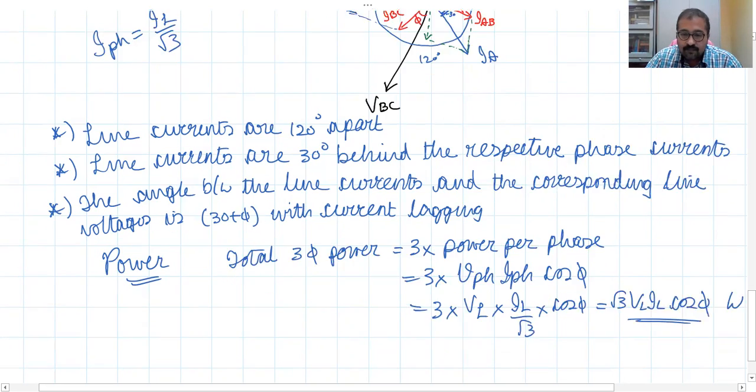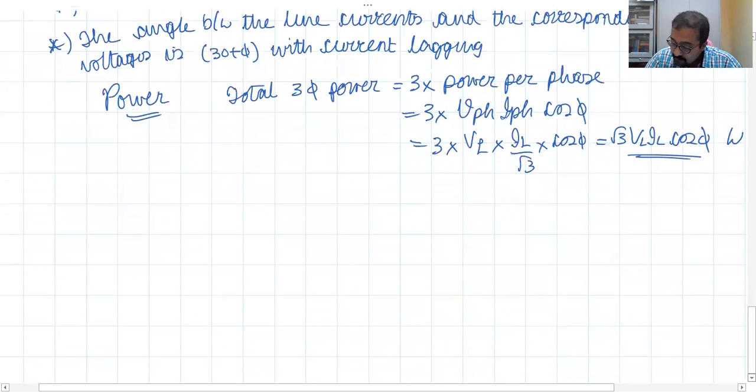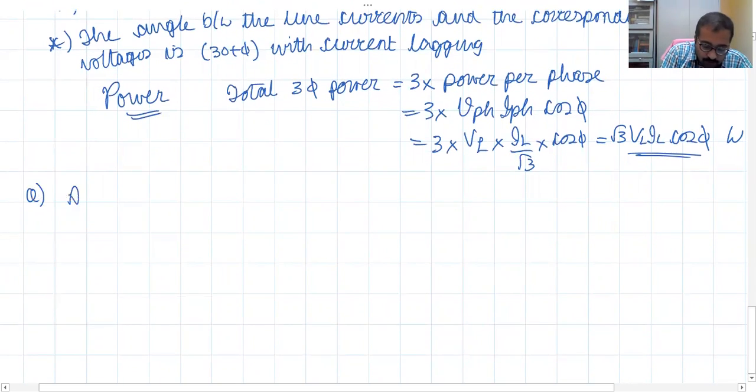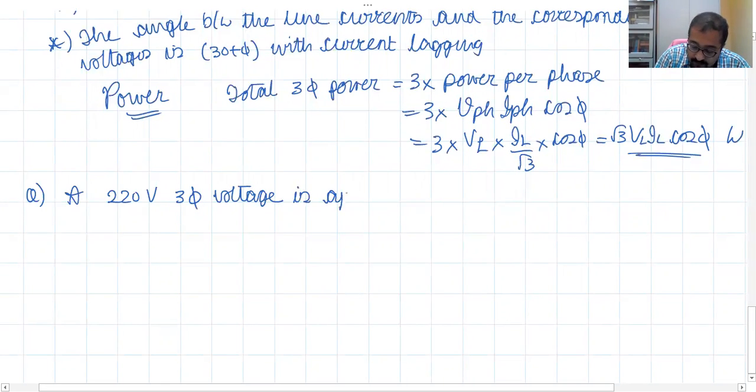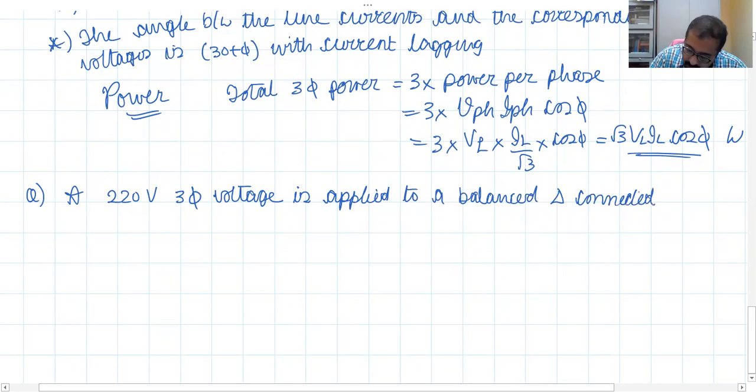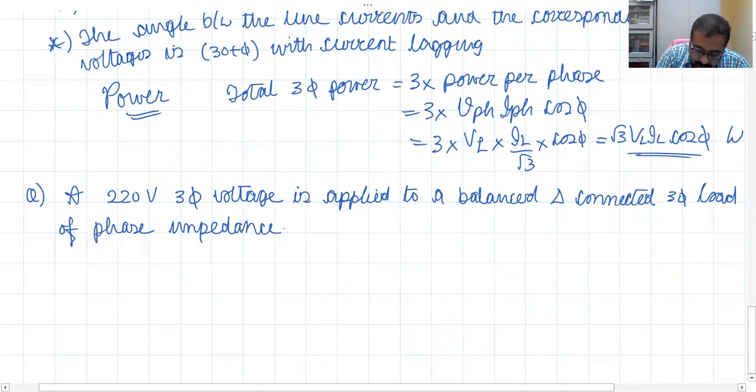Okay, let us try one of few examples now. Question: a 220 volt three-phase voltage is applied to a balanced delta connected three-phase load of phase impedance 15 plus j20 ohms.